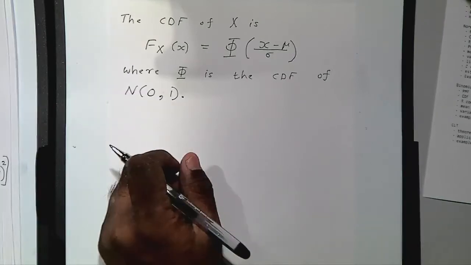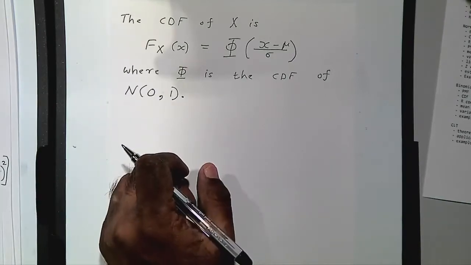In other words, a normal distribution with mean 0 and standard deviation equal to 1, right?